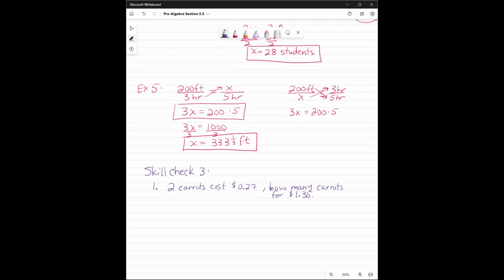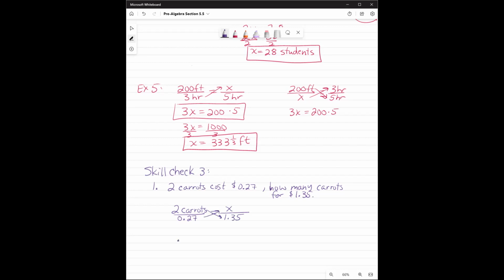So I'm going to do 2 carrots per 27 cents. So 2 carrots per 0.27 equals how many carrots for $1.35? All right.